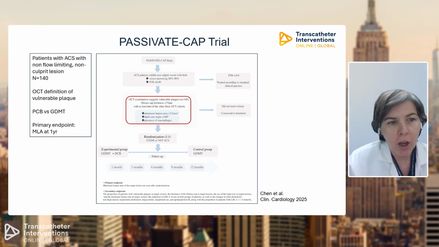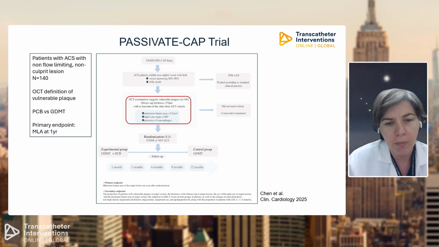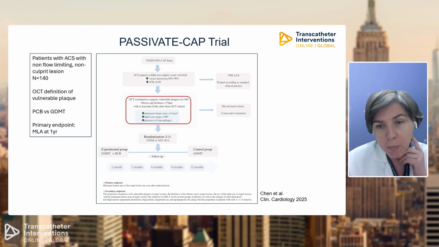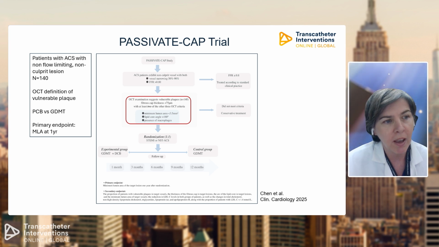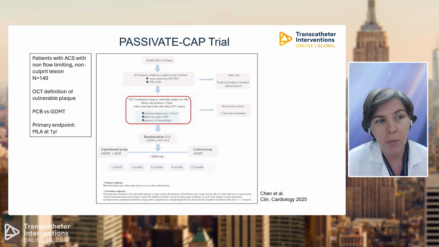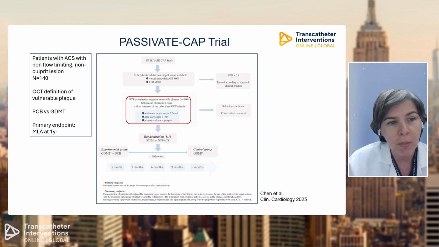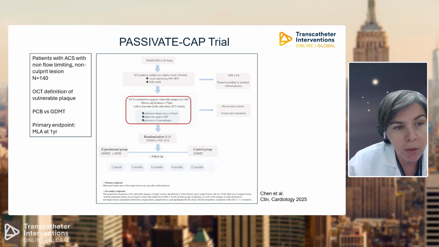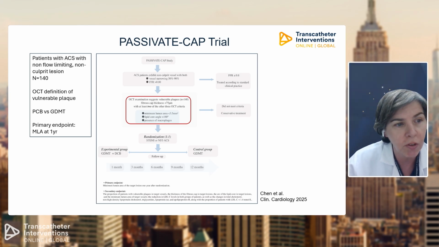So just to mention a couple of other ongoing trials in this space to watch out for. This is the Passivate CAP trial from China. The study design paper was published last year. Again, same population, patients with ACS. They identify non-flow limiting, non-culprit lesions, this time using OCT. You'll see the parameters for entry are fibrous cap thickness of less than 75, and two of the following: an MLA of less than 3.5, a lipid core angle of greater than 180, or the presence of macrophages.